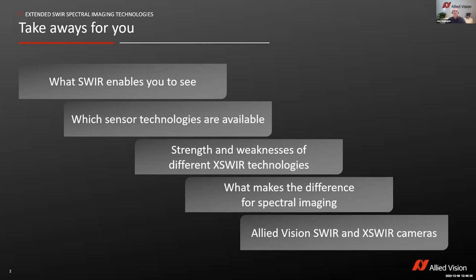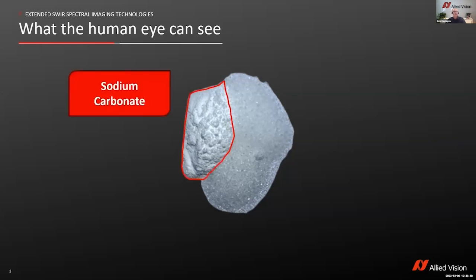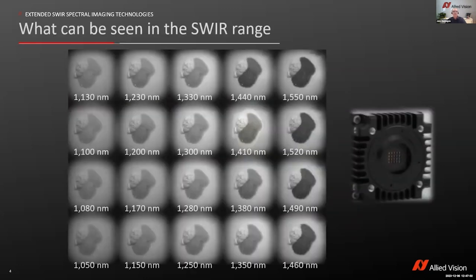So let's get started. In this image, you can see three different substances captured with a visible light camera. You might think there are just two. It's hard to distinguish, but actually it's three, namely sodium carbonate, citric acid, and sugar. They are obviously hard to distinguish with our own eyes or a visible light camera. So what can we do to get more contrast into the image?